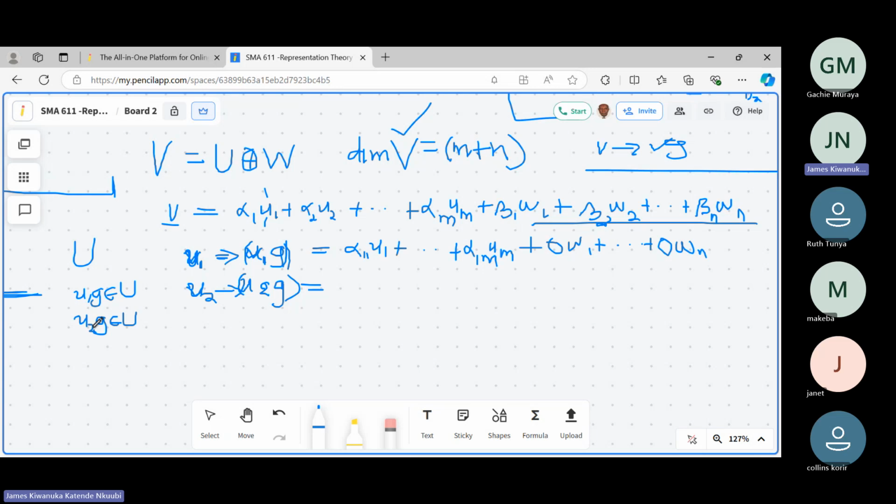That means even this one can now be written as alpha 21 U1 plus alpha 2M UM. Again, all the other coefficients will be 0. These will all be 0 up to Wn.